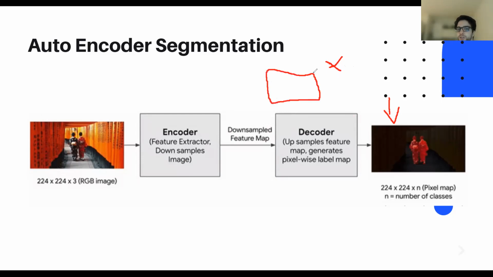Of course, the height and the width are fixed to the original image height and width, but the number of channels will change. In this case, we have only 3 channels, but in the output, we don't care about the images or RGB, we care about what, right? So this is the question. Can somebody tell me what is the number of channels in the output?